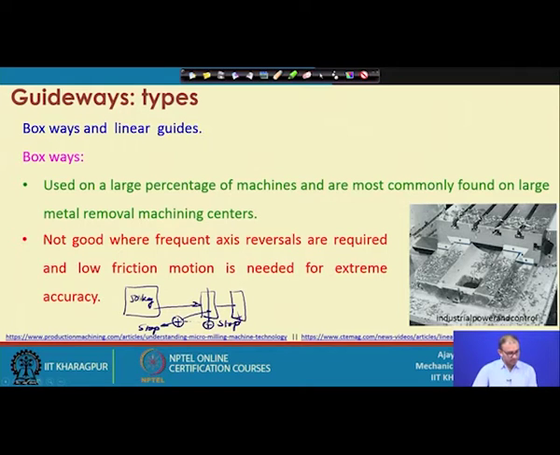So, that is the big problem with the heavy duty guideway or heavy duty slideway that we are using here. Another problem is low friction motion, because when the weight is more, the friction is also very high. So, that is very problematic in that sense.